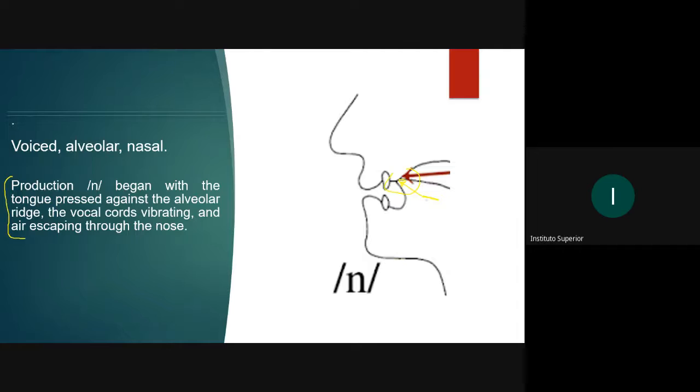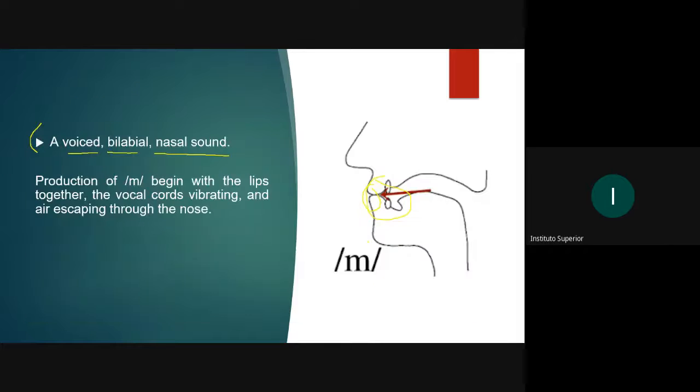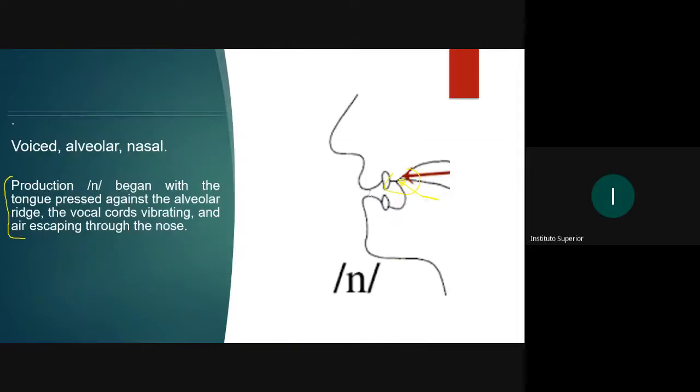The vocal cords vibrate and the air escapes through the nose. Look at the difference with this one: here, our lips are together. In this part, the tongue goes against the alveolar ridge. This is just the change.